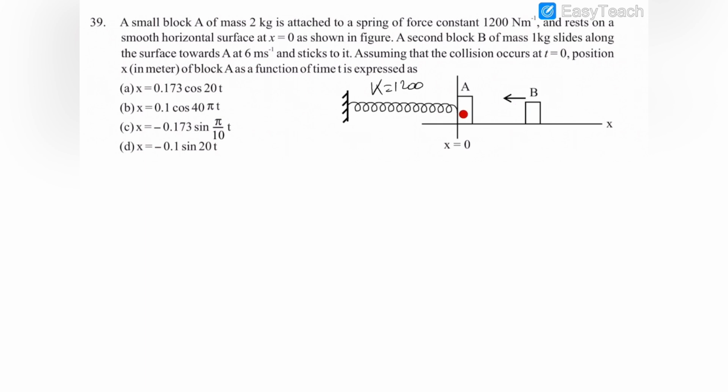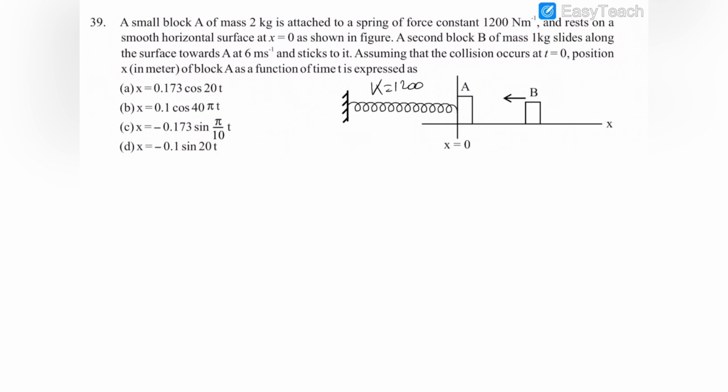B strikes A and it sticks to it, which means this collision is completely inelastic. So we have to assume that the collision occurred at time t equal to 0. So we have to find out the position of this block A as a function of time.